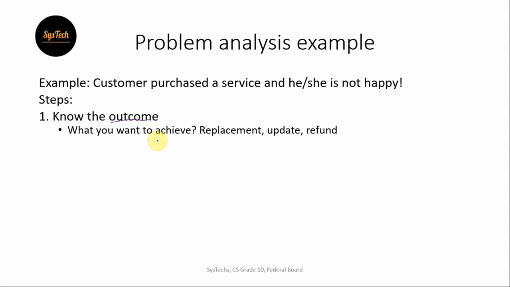Actually, the outcome is what you want to achieve. Maybe in this case, the customer wants a replacement, yes or no. Maybe the customer wants some update, yes or no. Maybe the customer wants to finish the contract and he or she wants the refund.